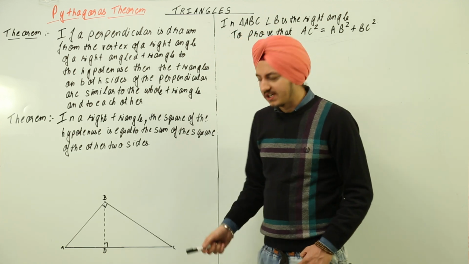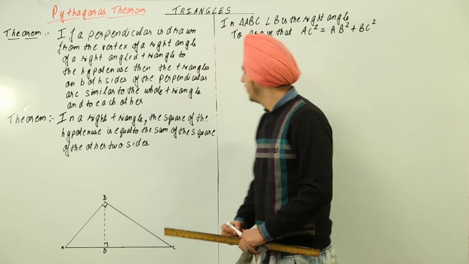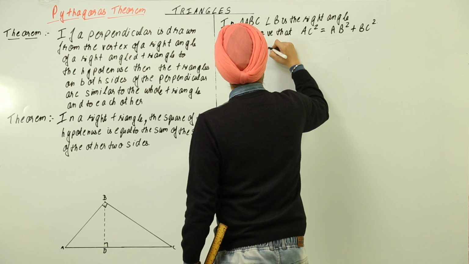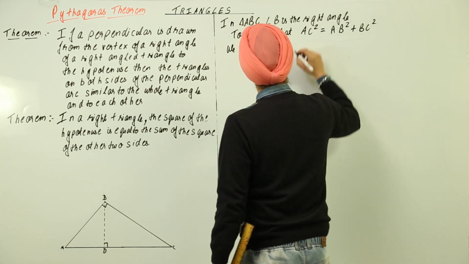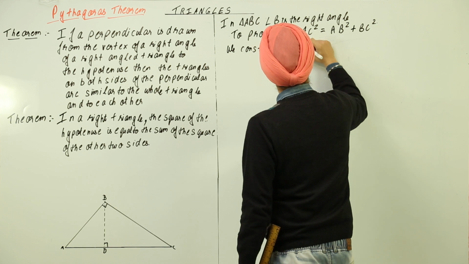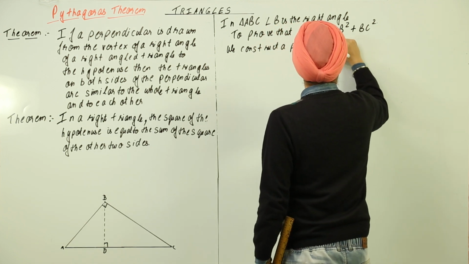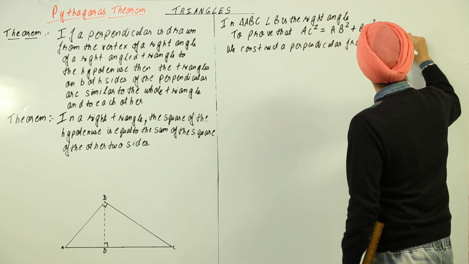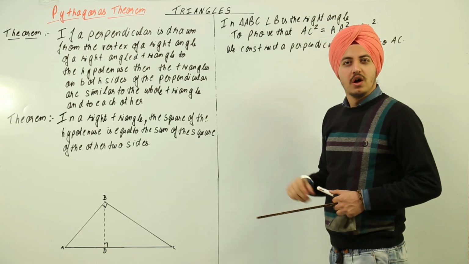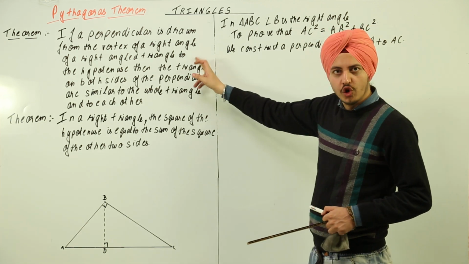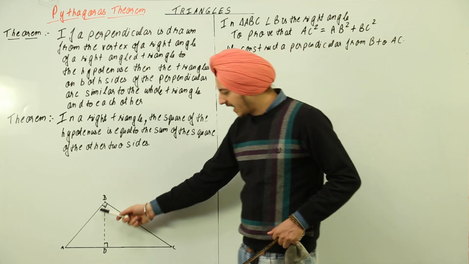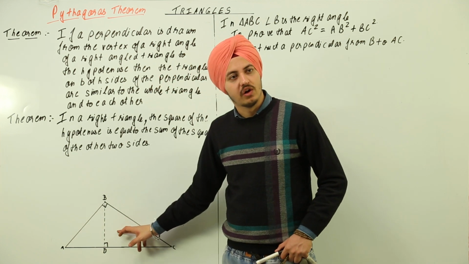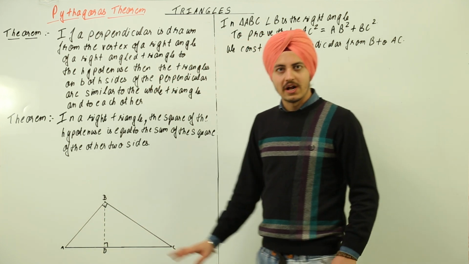Now coming on to the proof. First of all, we do a construction. We construct a perpendicular from B to AC. Now if you see over here, according to this theorem, if we draw a perpendicular from the right angle onto the hypotenuse, then the triangles on both sides are similar to each other and to the whole triangle, correct?